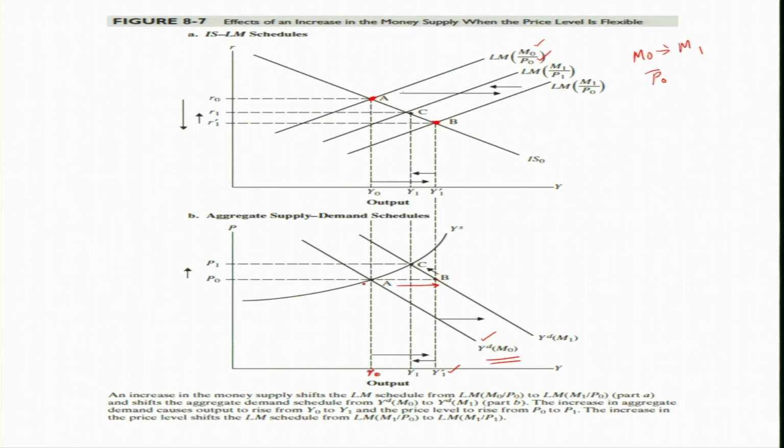The issue is that at the given price level P naught, the firms, the producers of goods and services, face this much aggregate demand, del Y. But at this price, the firms are not willing to increase output and supply this much, del Y, the change in aggregate demand.